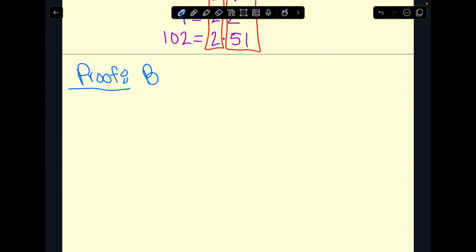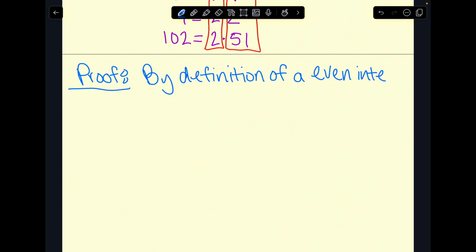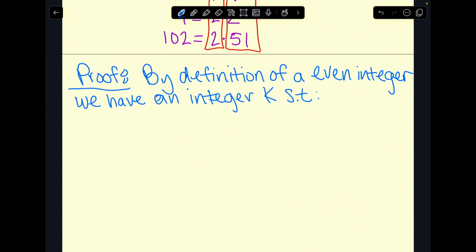By definition of an even integer, we have an integer k such that n equals 2 times k.